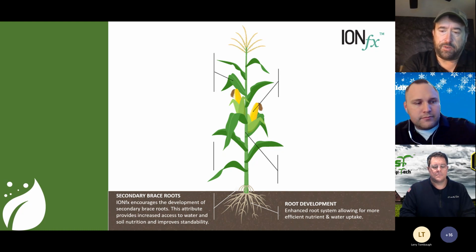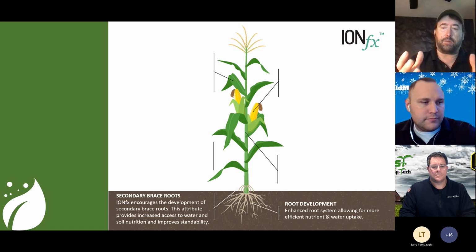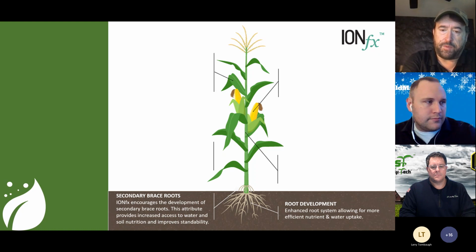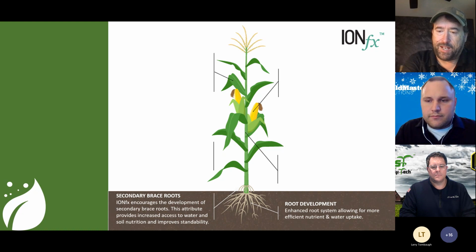If you can get those roots to it fast and start to take up that nutrition, that's a huge bonus. It's all about nutrient uptake and efficiency for that fast root. The secondary brace roots are from a very specific plant that we got from Central America, and those secondary brace roots are a function of that lateral root expansion.